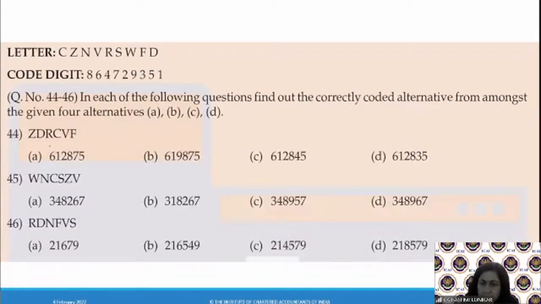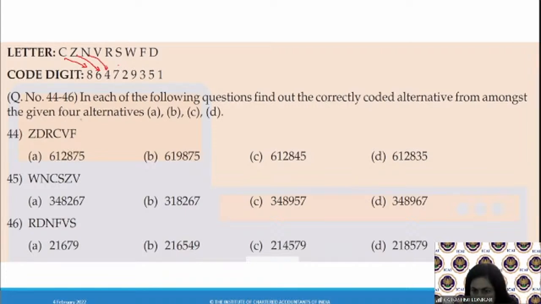Let me see this. Now this is the code for this digit. Now we will see what we can do over here. So they have already given the code. So I simply have to see what is there for Z, D, R, C, V. So here I know C it is 8, Z it is 6, N it is 4 and so on.